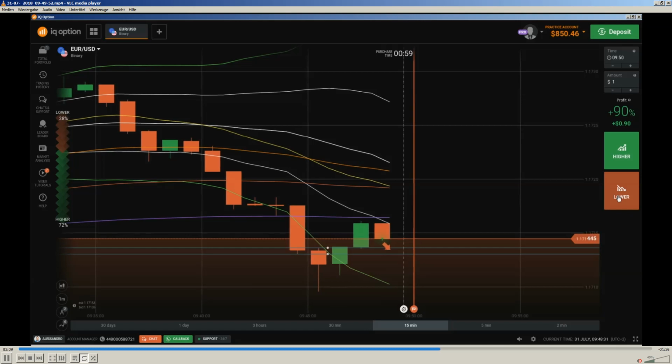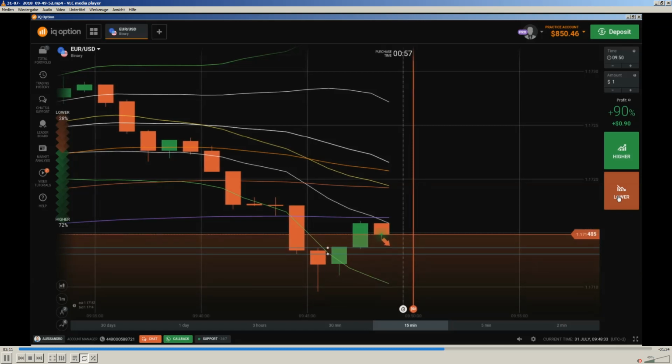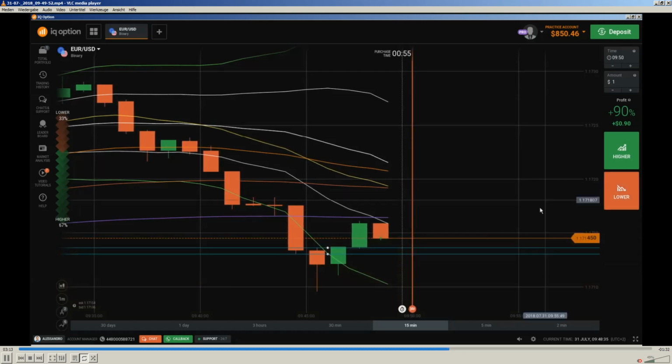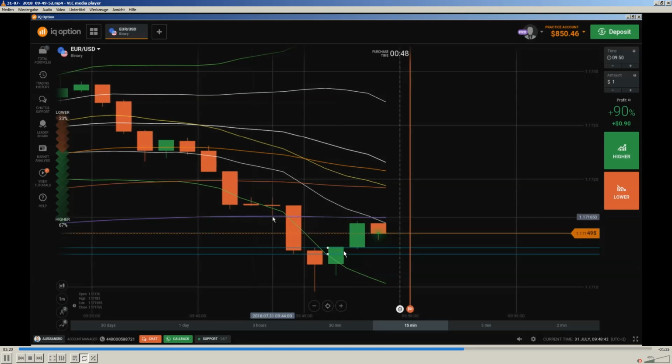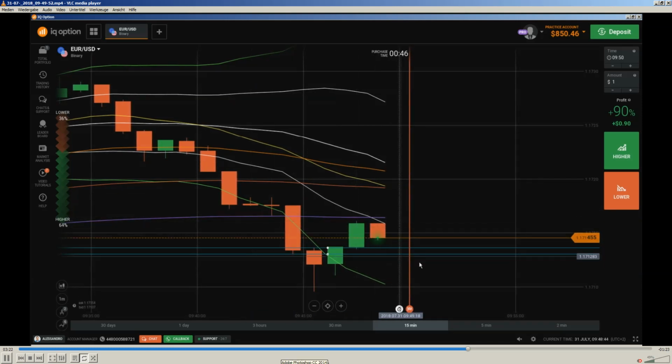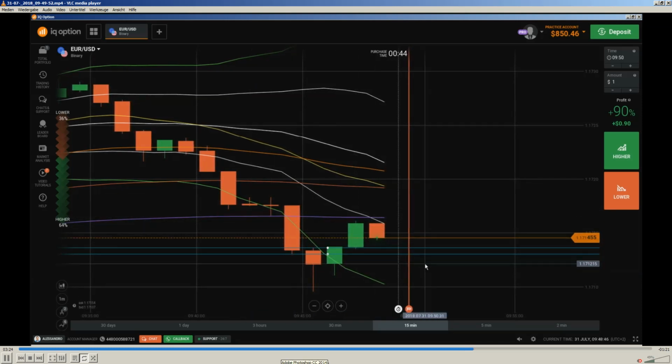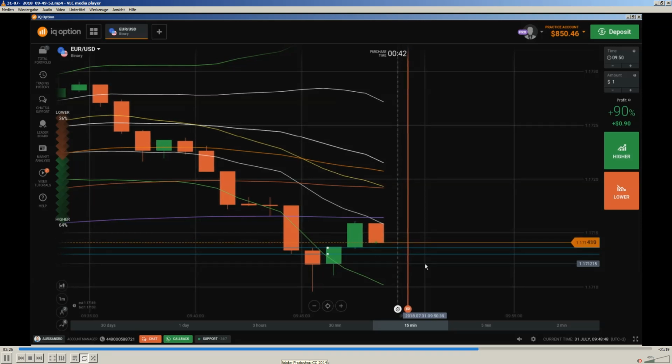So let's see what I have done here. That was also a trade, no trade for this, because the purchase time passed by, and I was expecting that this candle here was touching this support level to do a call. But on the last candle this didn't happen.